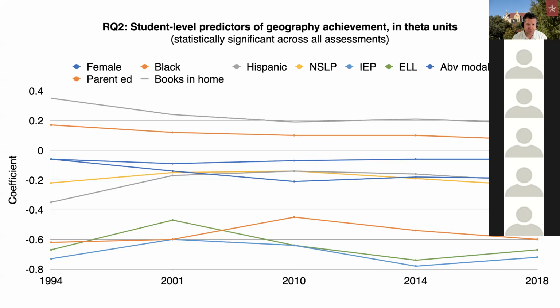Similarly, with books in home, with each incremental increase in number of books at home, there's a commensurate increase in achievement on the geography assessment.